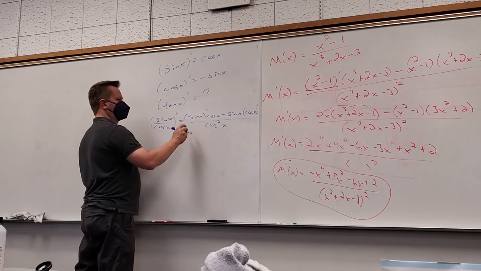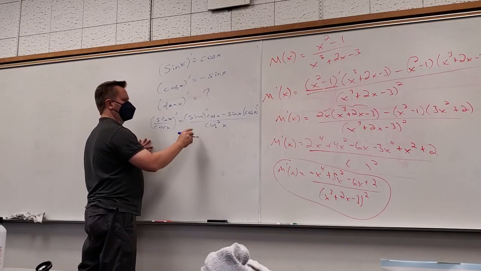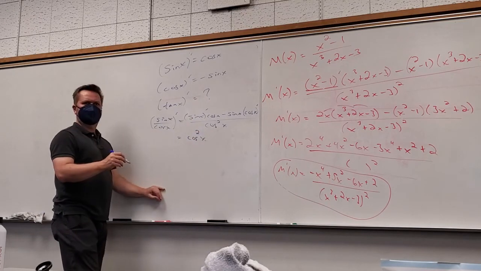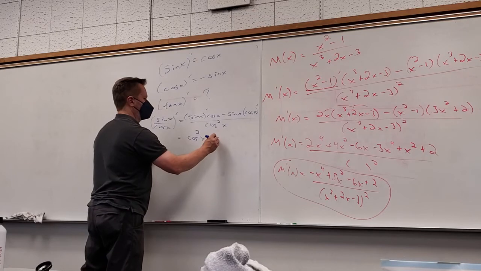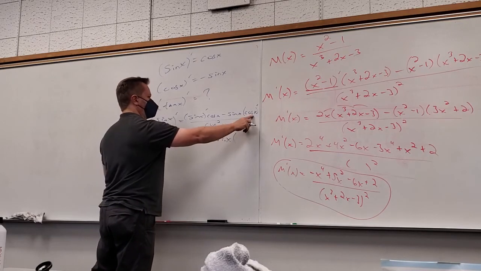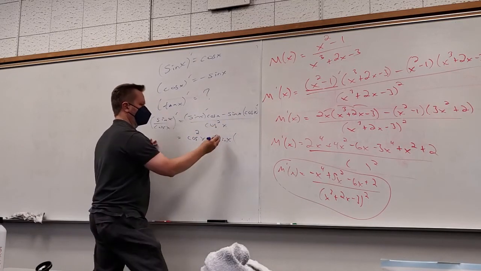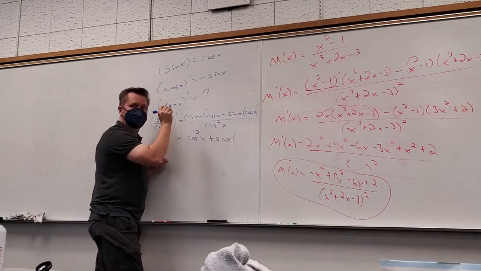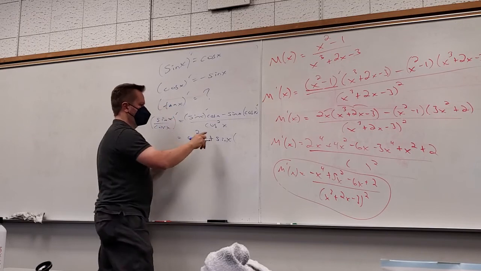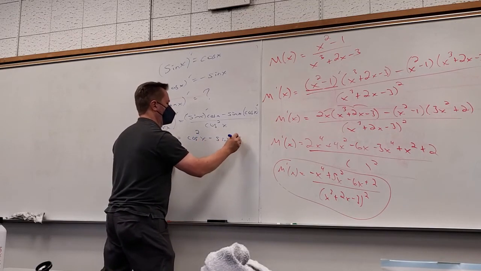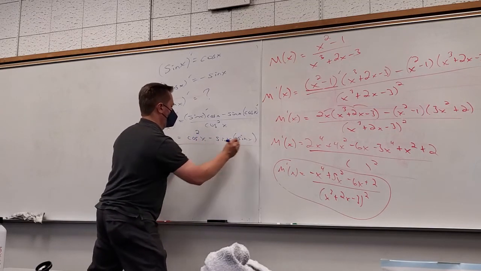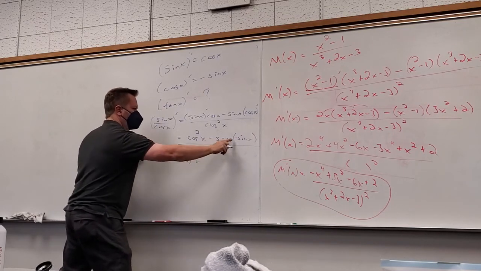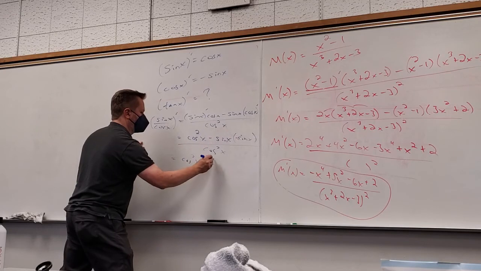Derivative of sine is cosine, times cosine. What's the derivative of cosine? Negative sine. So is this cool? The derivative of cosine is negative sine, so doesn't that make this a plus? Is that cool? All right, so you got cosine squared x plus sine squared x.